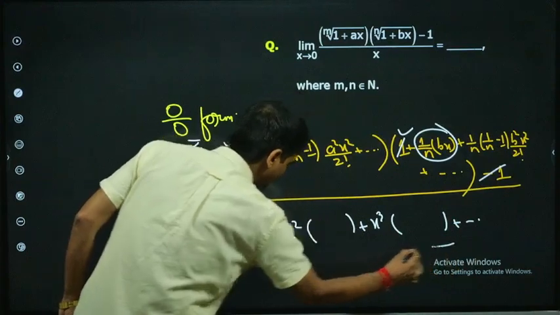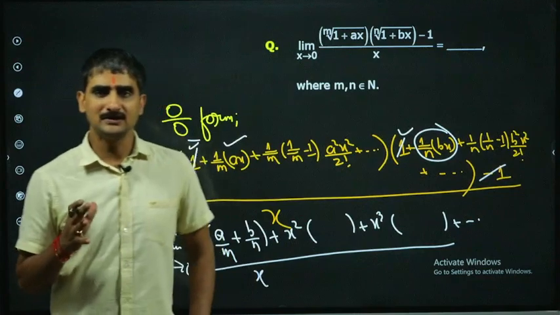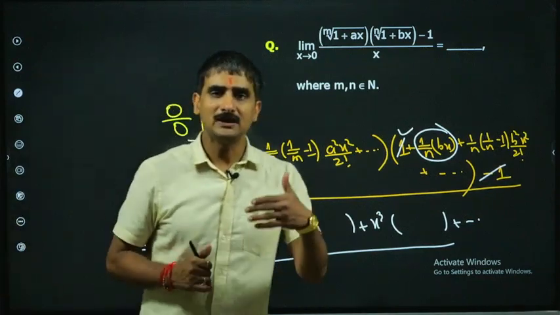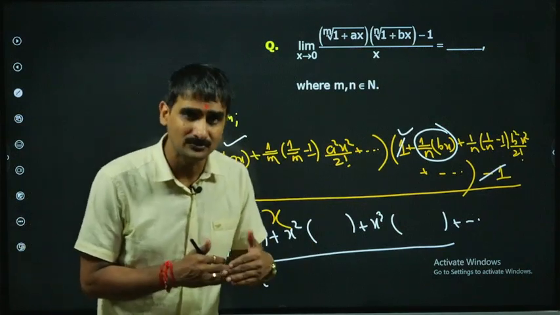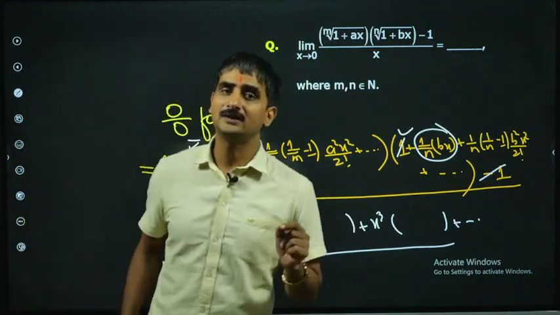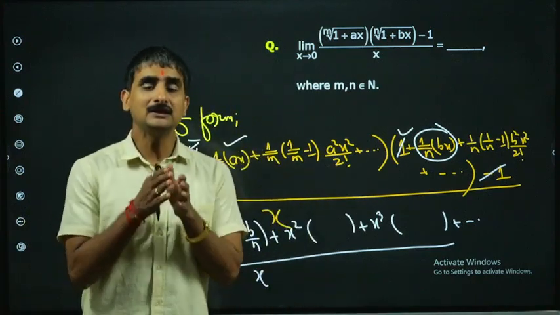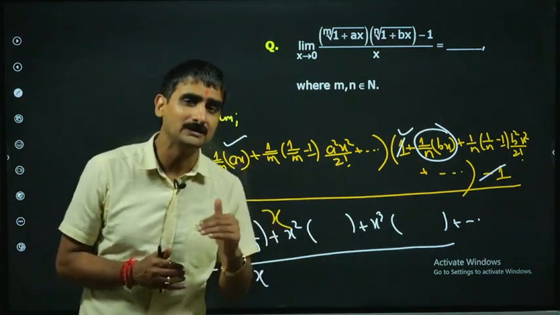Why am I not writing the other terms? Let us be very clear about it. If you have a 0 by 0 form and it's a polynomial expression in both numerator and denominator, then you can get a non-zero finite value only when the degrees of the least degree terms in both numerator and denominator match.